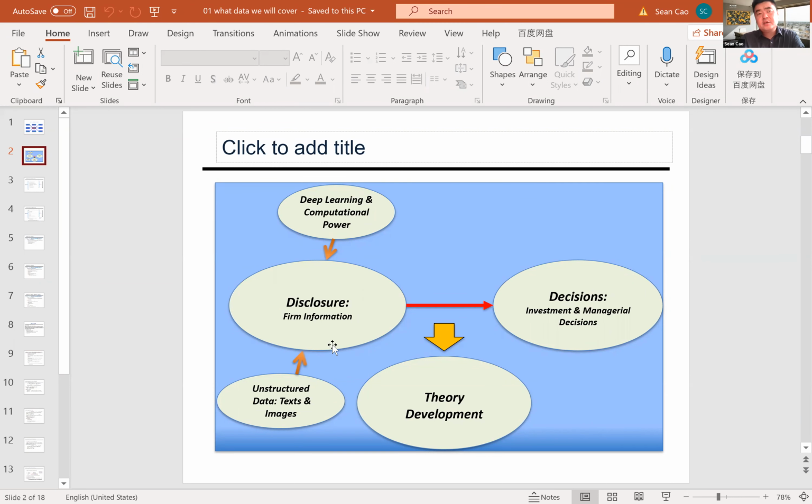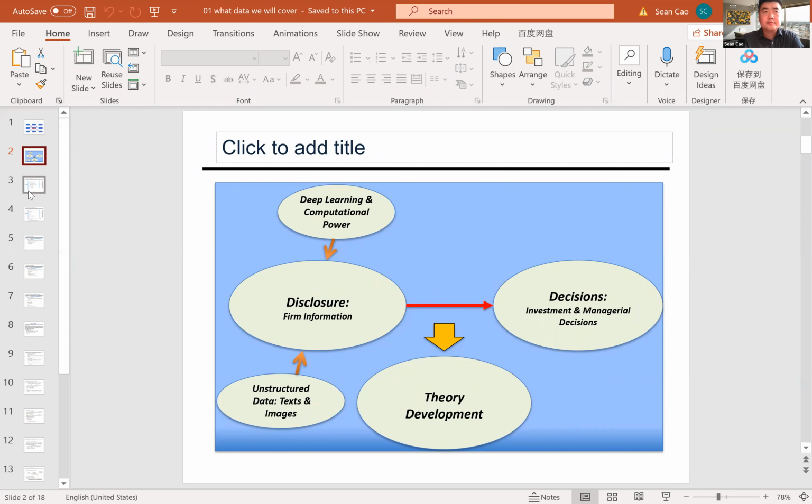We need to understand the data first, and then understand how we analyze the data, and what questions we can answer with it. The reason we are starting all this data analytics is the availability of big data in finance and accounting, and the machine learning techniques becoming available to us. That's why there's a boom in demand from industry.